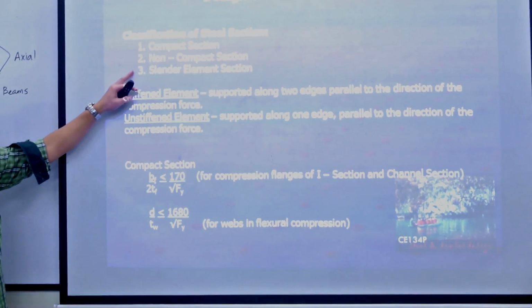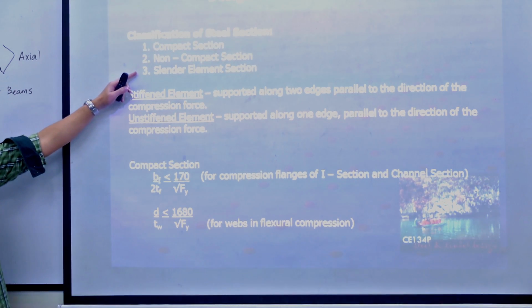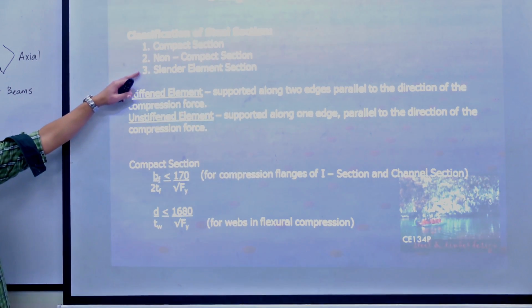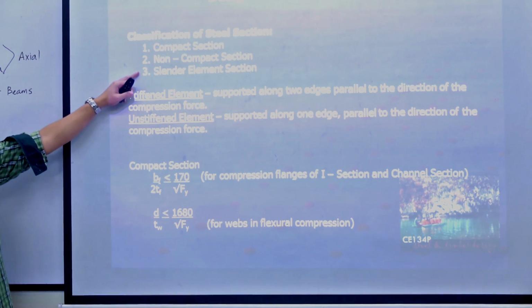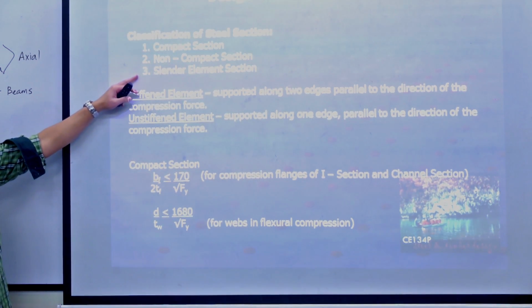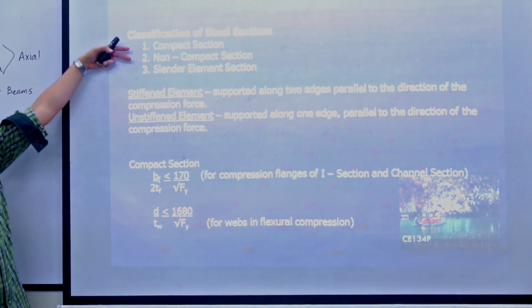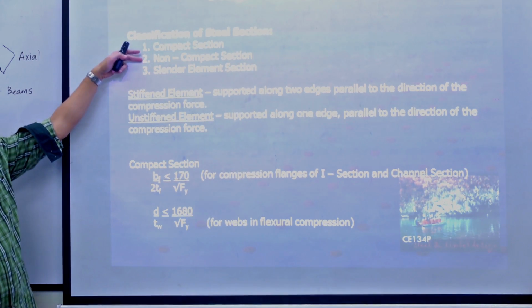Whenever steel sections are classified under this third category, we don't want to use this type of cross-section, or it will have lesser capacity. So basically, for steel beams, we prefer using the first two classifications, compact and non-compact.